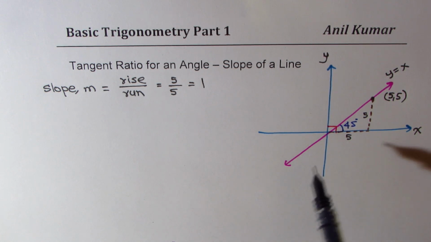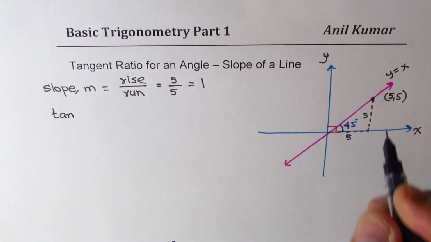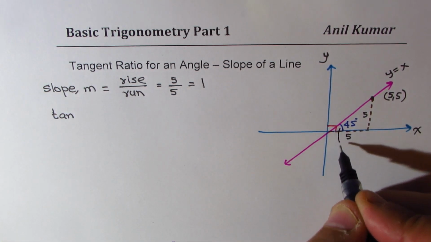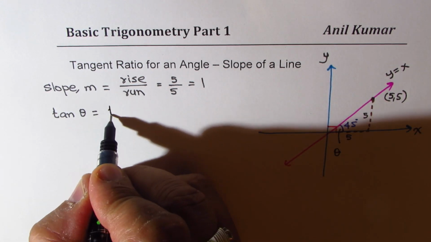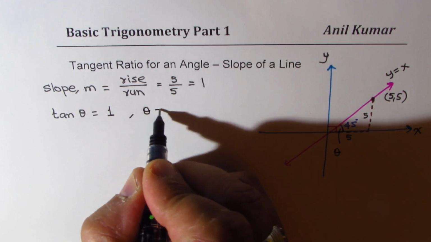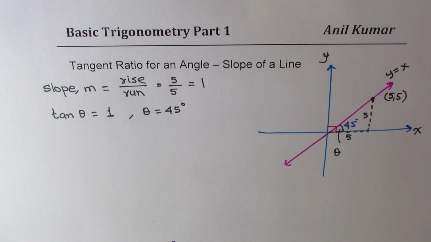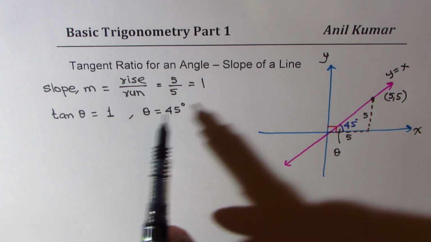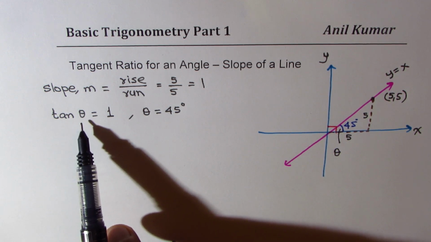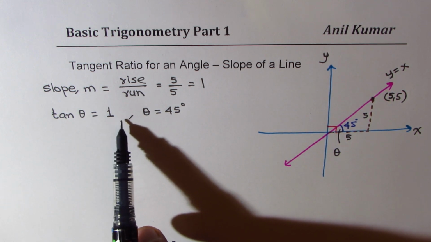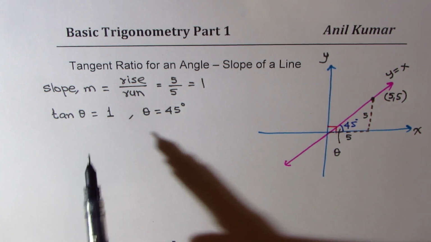So from this knowledge, what we can say is that tan of this angle, let's call this angle theta, is equal to 1, and here theta is equal to 45 degrees. Does it make sense to you? Right? So we can directly relate slope with the tangent ratio, and then also relate angle with the tangent ratio.